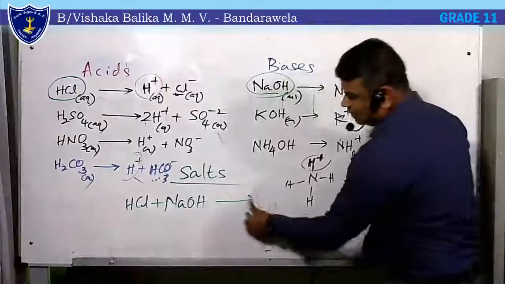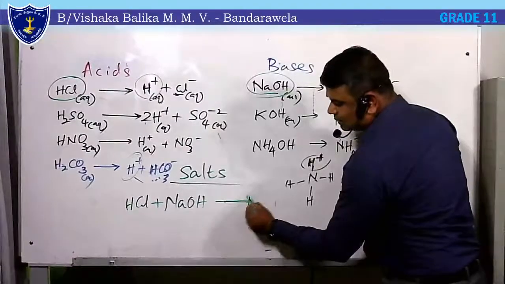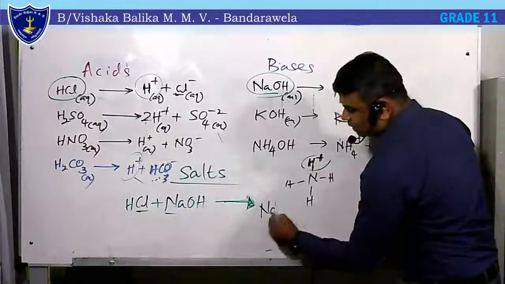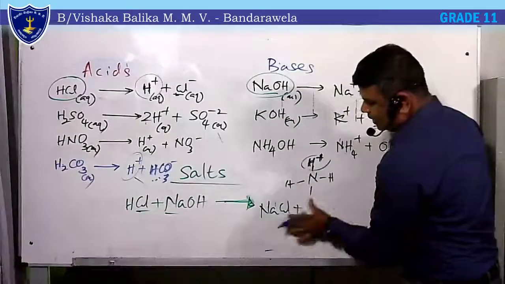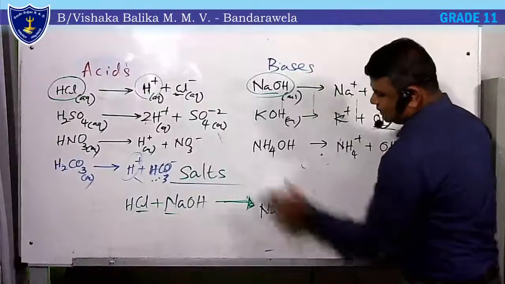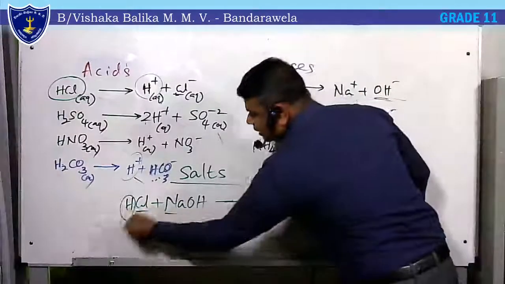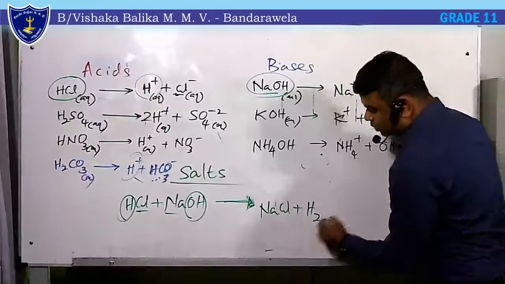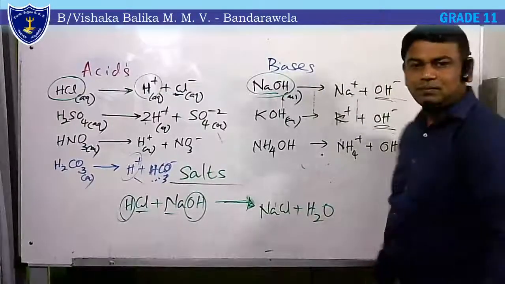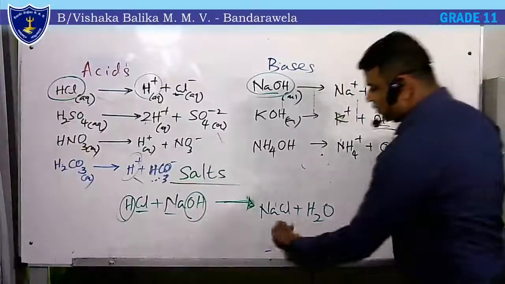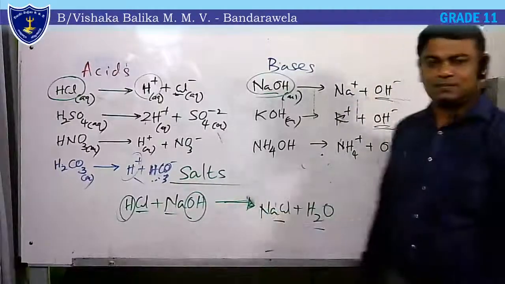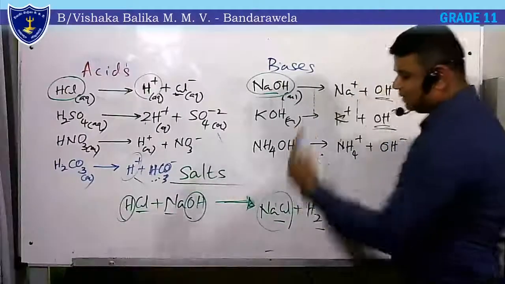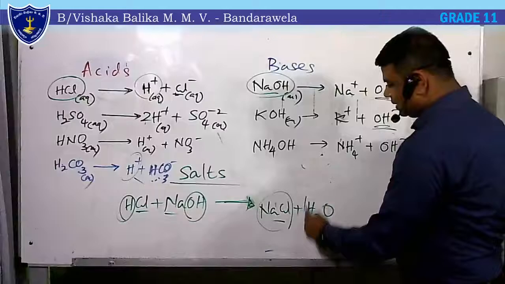Then they will exchange their radicals. Chlorine and sodium make sodium chloride, and hydrogen and hydroxyl together form H2O, or water. Sodium chloride and water form. Therefore, sodium chloride is a salt, and water is the other one.